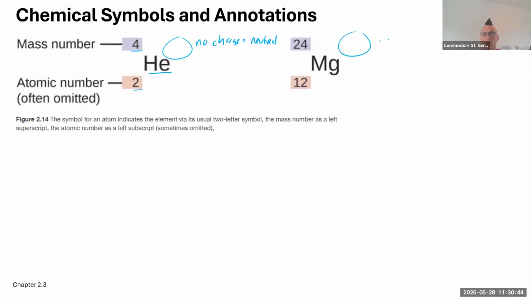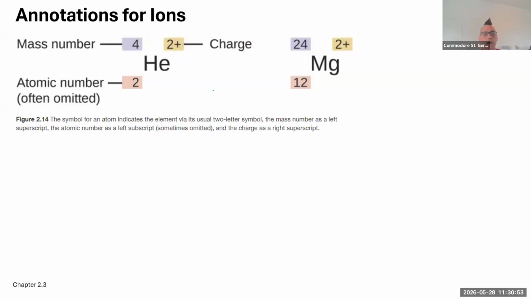Same thing, no charge, neutral, right? But when we have charges, right, helium has 2 protons, but it has a +2 charge. So that means it has 0 electrons.